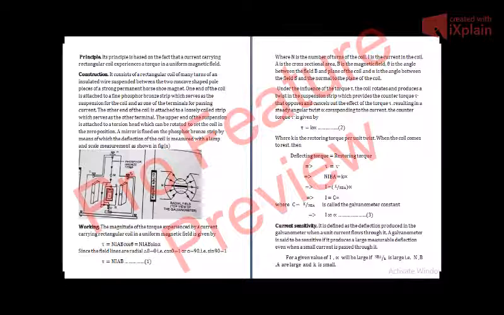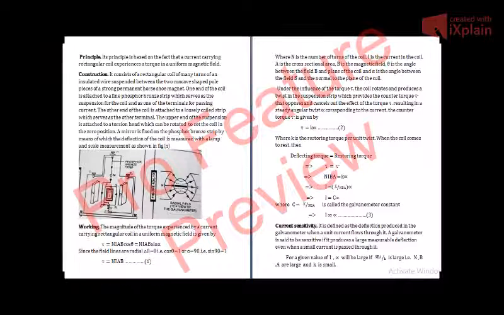The principle of the galvanometer is based on the fact that a current carrying rectangular coil, as I told you a few minutes back, experiences a torque when it is placed in a uniform magnetic field. Because we need a rectangular coil while constructing this galvanometer, if current is flowing through that coil, it will experience a torque. So the principle is based on the fact that a current carrying rectangular coil experiences a torque when placed in a uniform magnetic field.